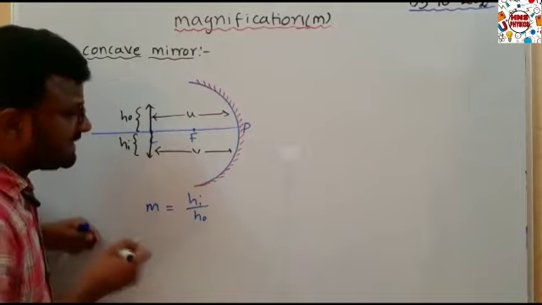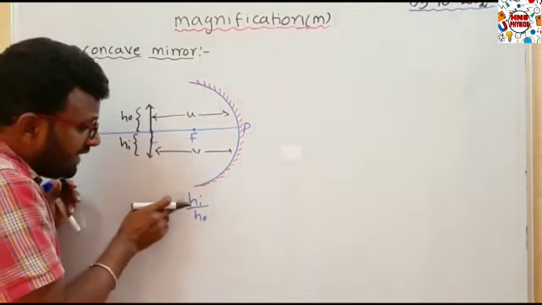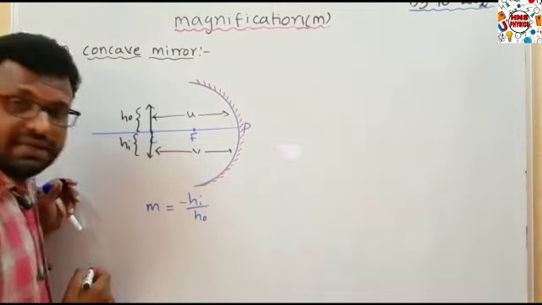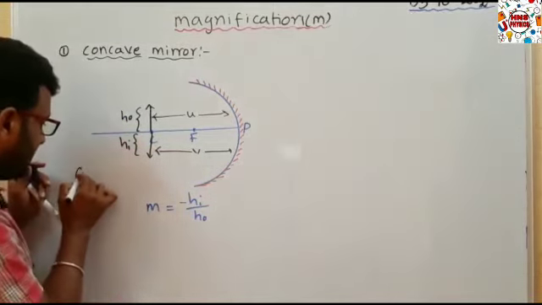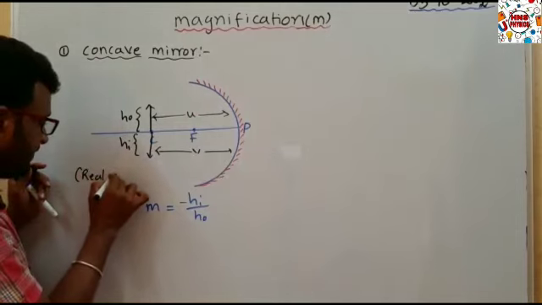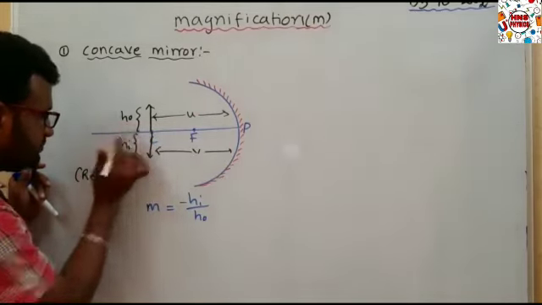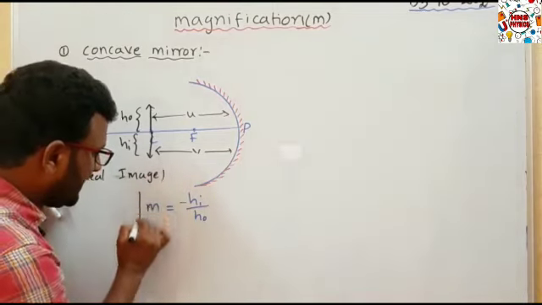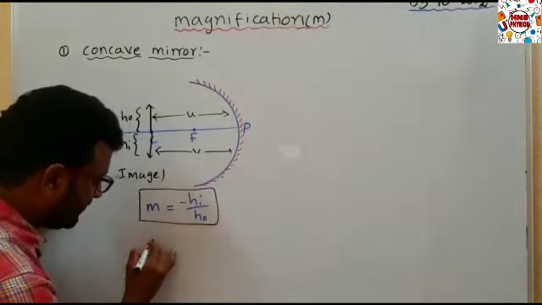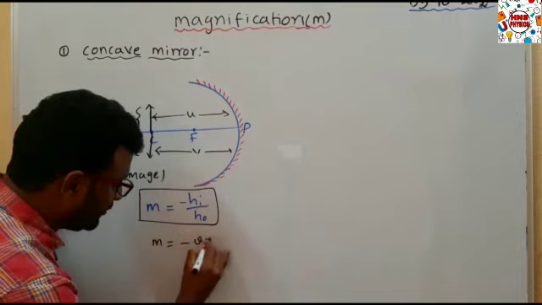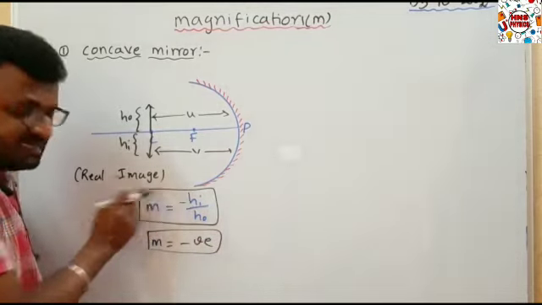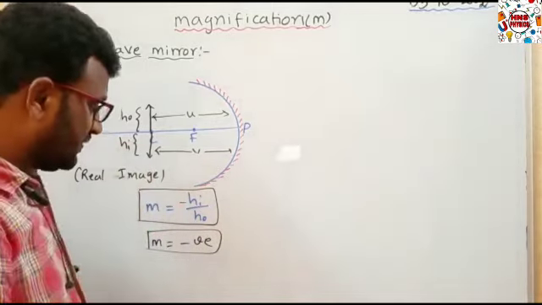But if you take the sign convention, height of the image is below the principal axis, that's why it will be negative. So this is for real image. I am writing magnification for real image. So finally, magnification for concave mirror is negative because of the negative sign.